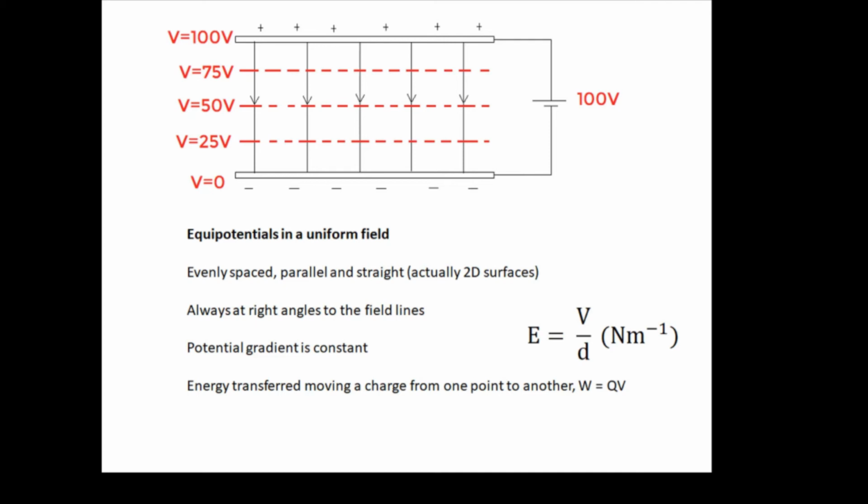The potential gradient is constant, i.e. V over d, which is the field strength. The potential gradient is the field strength. And then the energy transferred moving a charge from one point to another is QV, as we said earlier. Okay, useful to think of them as like levels in a car park, perhaps.